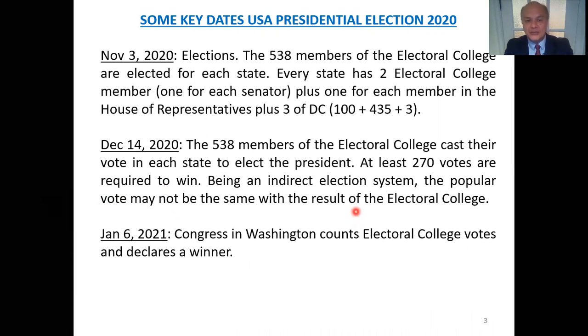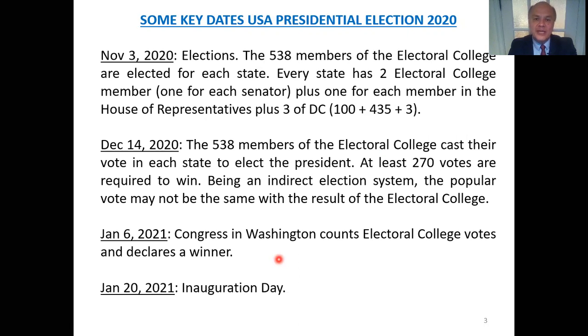Now, on January the 6th, 2021, the Congress in Washington will count the Electoral College votes and will declare the winner. And it is expected that Joe Biden could be the winner at that moment. And then on January 20th, 2021, it'll be Inauguration Day.